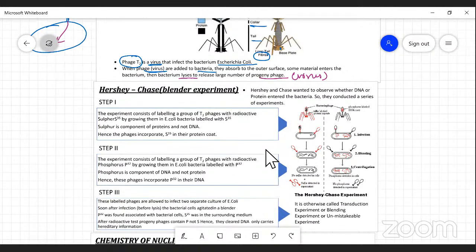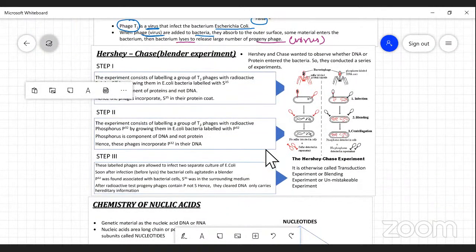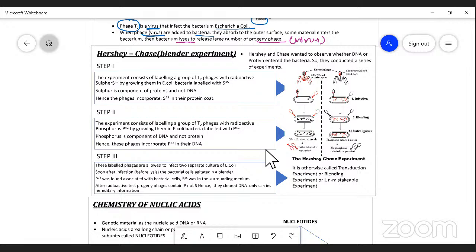In the Hershey and Chase experiment, they wanted to observe whether DNA or protein enters the bacteria. That was the main concept of this experiment: which substance enters from the virus into the bacterium, lyses the bacterium and forms a number of progeny.